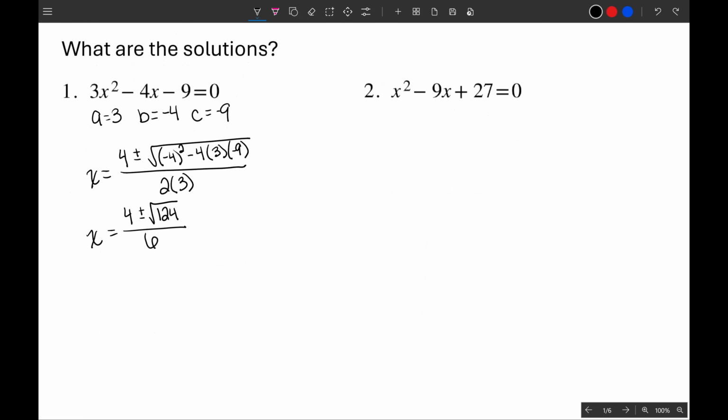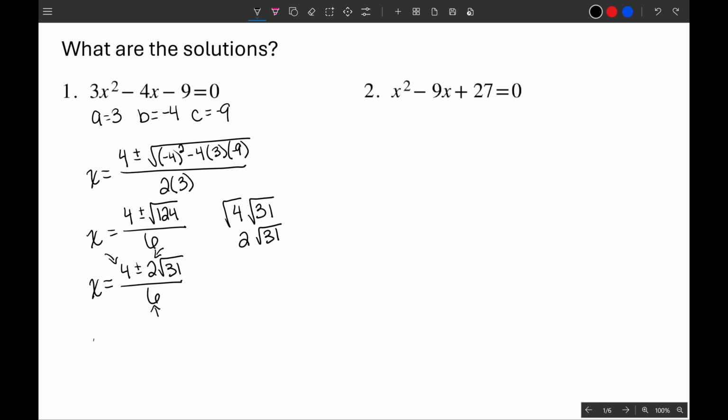Now you can do a factor tree to reduce your square root of 124, or you can realize that it's going to split into 4 times 31. 4 is the perfect square, 31 is your prime number, which gives you 2 square roots of 31 all over 6. Now I have a 4, a 2, and a 6.